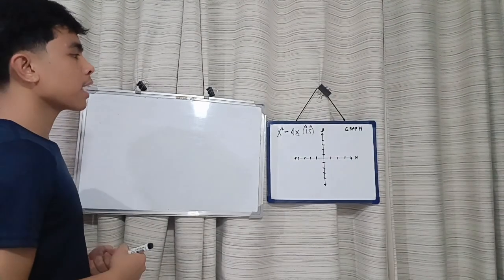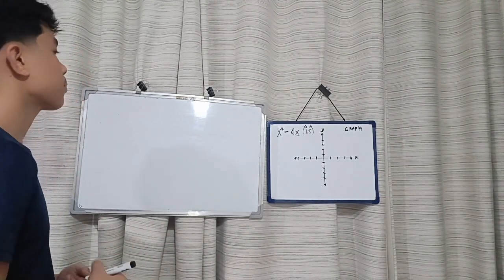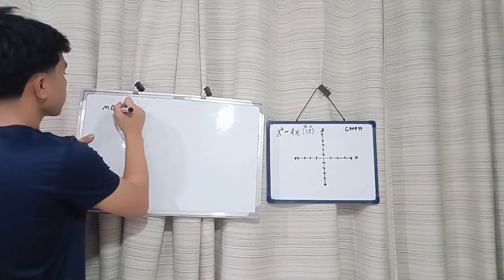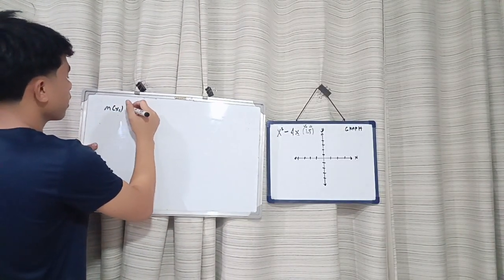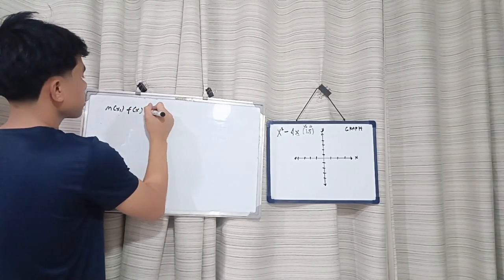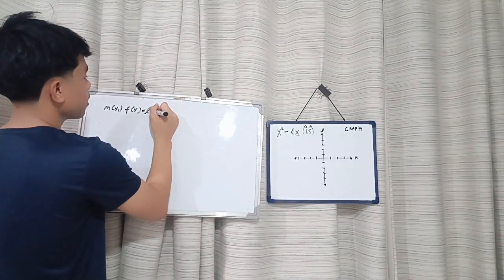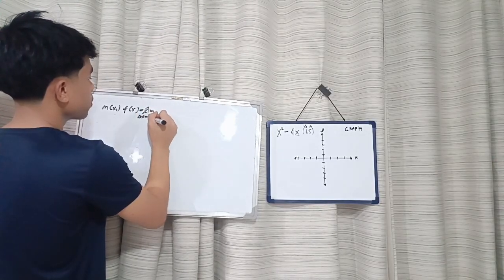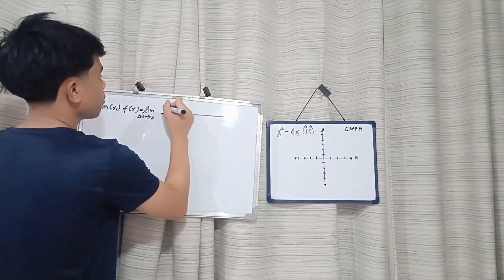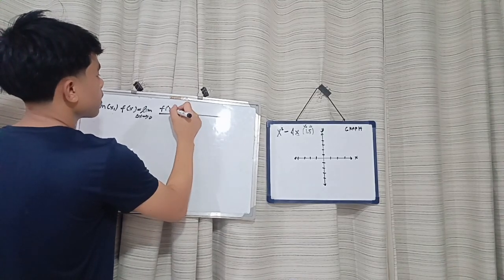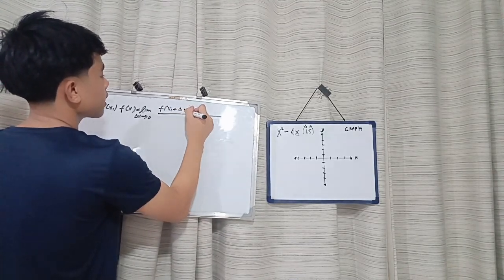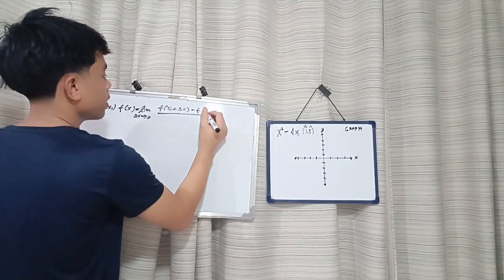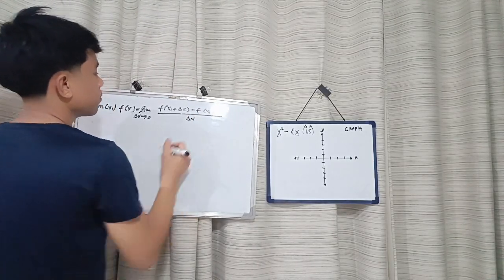So, to get our x squared minus 4x, we will use this formula, which is m of x sub 1 equals the limit as delta x approaches 0 of f of x sub 1 plus delta x minus f of x sub 1, over delta x.